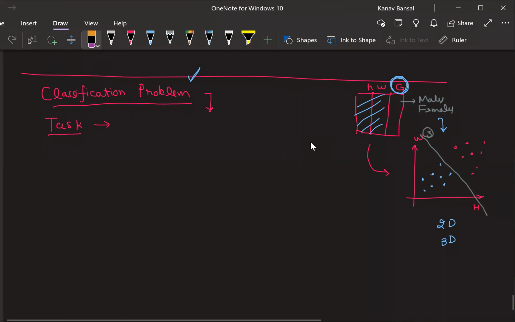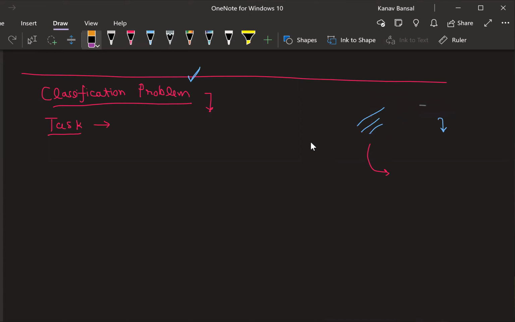Okay, so let me try to draw this entire diagram again. Maybe first of all, let me try to draw the axis here, right? Let me also remove this part.